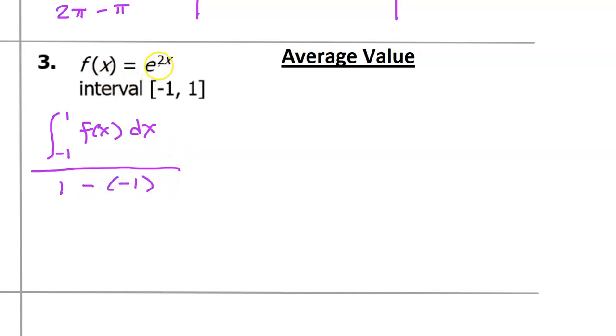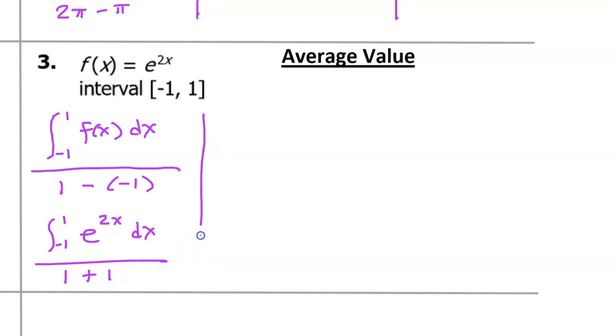But f of x is e to the 2x power. So this will become the integral from negative 1 to positive 1 of e to the 2x dx divided by, and I think I'll go ahead and put 1 plus 1 for now.